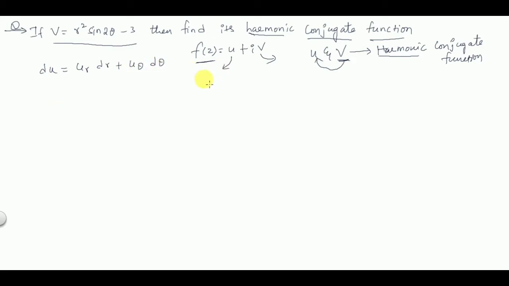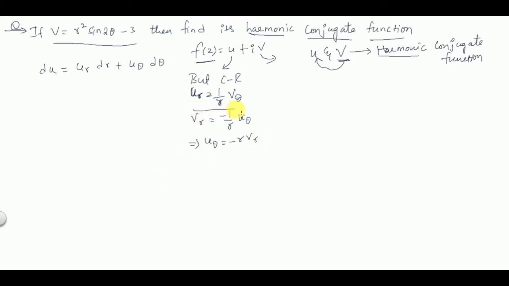From the Cauchy-Riemann equations, what is u_r? u_r is equal to 1 by r into v_theta, and v_r is equal to minus 1 by r into u_theta, that is, u_theta is equal to minus r v_r.